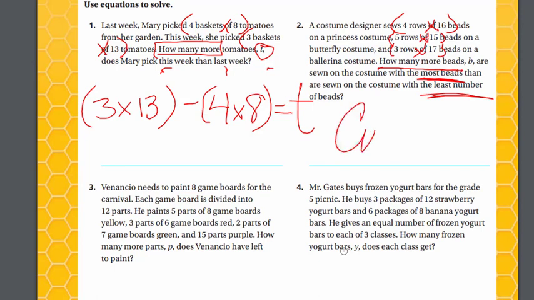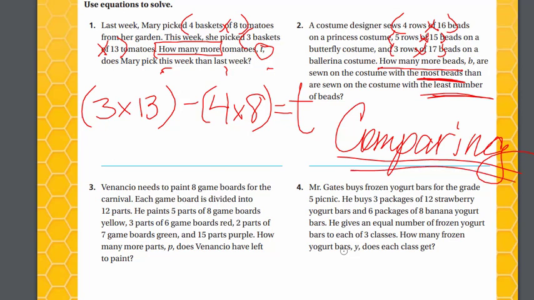This is a comparing problem. Comparing problems usually have first steps that you have to take, and then you're just subtracting. Are we good on this? So I'm not gonna go through all these because I just want you guys to practice them.